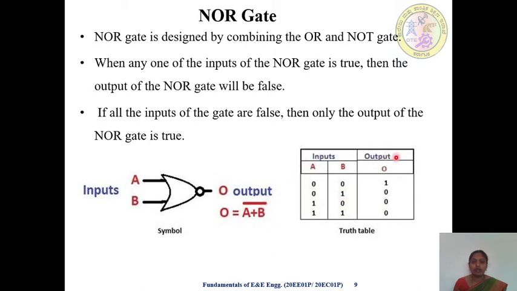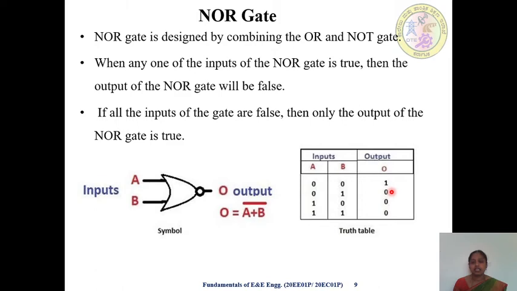Similarly, the truth table. It consists of two inputs A and B, and the output will be O. The output will be 1 only when both the inputs are 0. Otherwise, the output will be 0. When both the inputs of the NOR gate are 0, the output is 1.